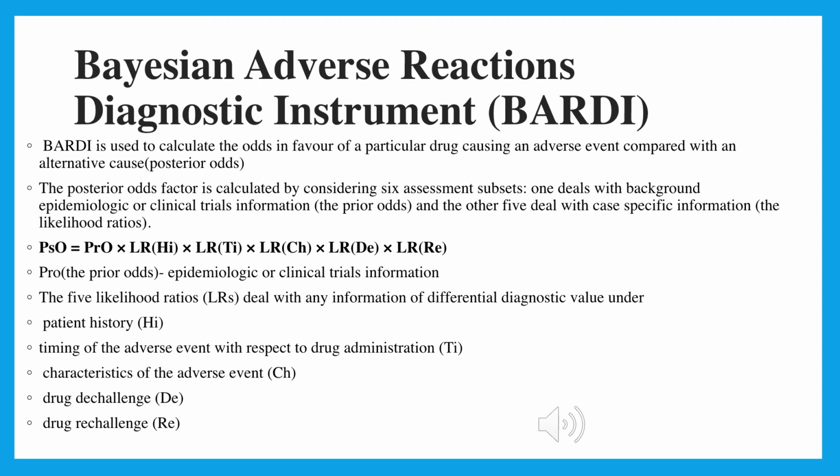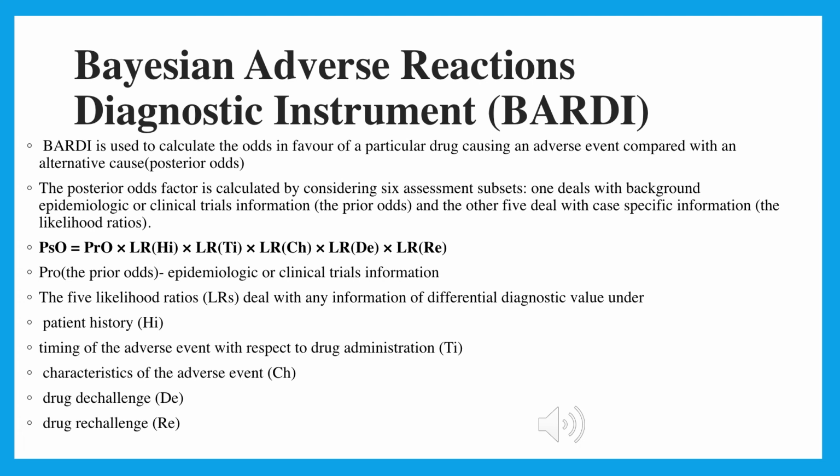Here the posterior odds factor is calculated using 6 subsets, which involve the patient history, timing of the adverse effect after the drug administration, the characteristics of that particular adverse effect, and what we check according to the drug dechallenge and rechallenge.